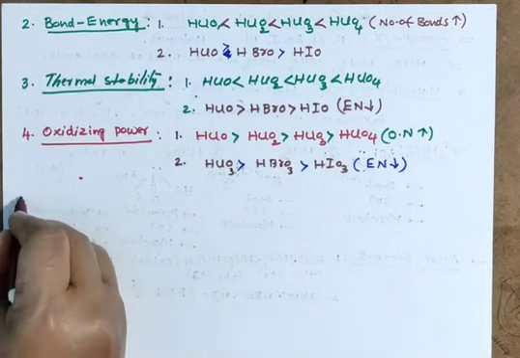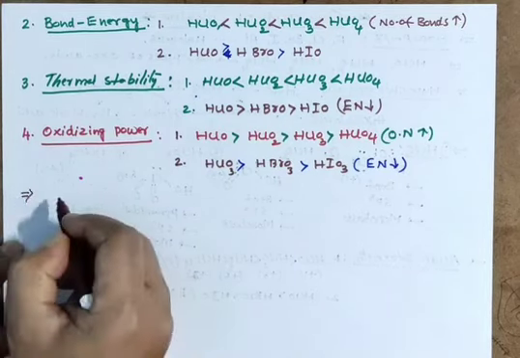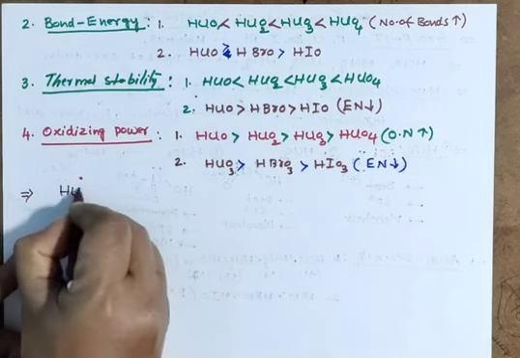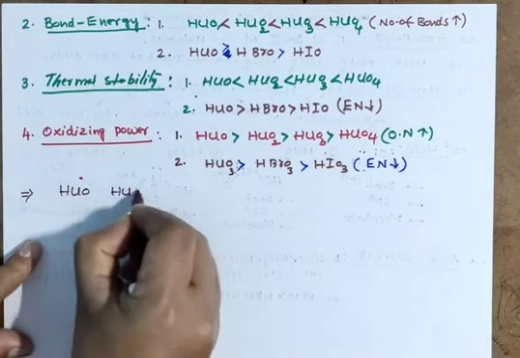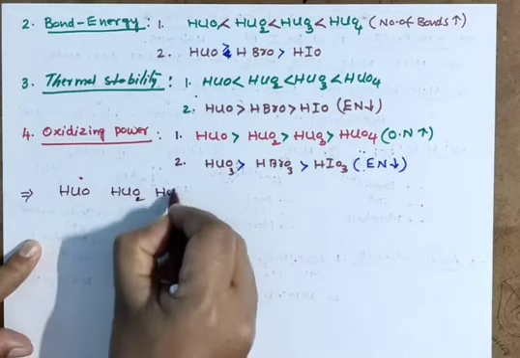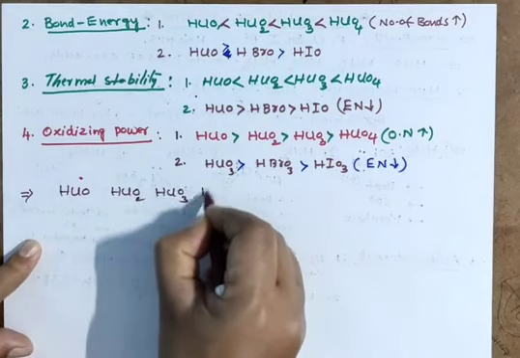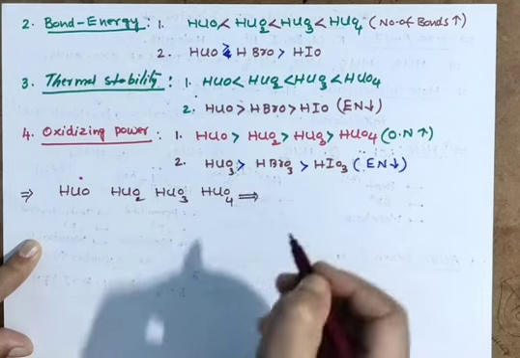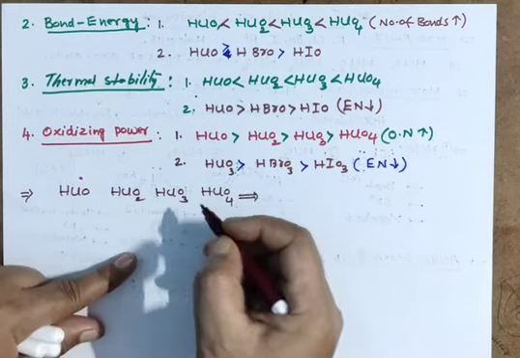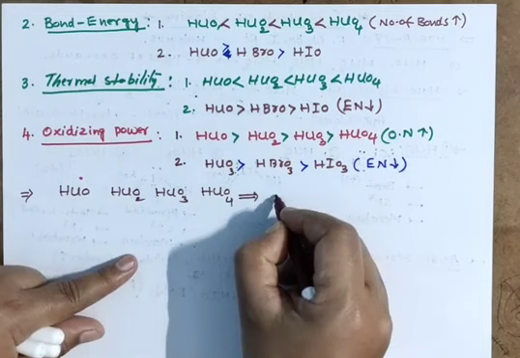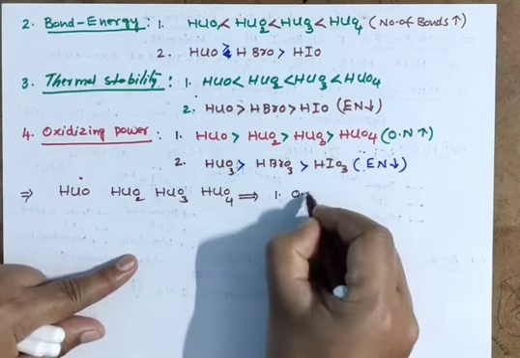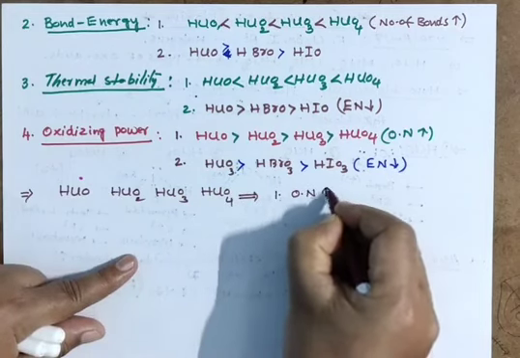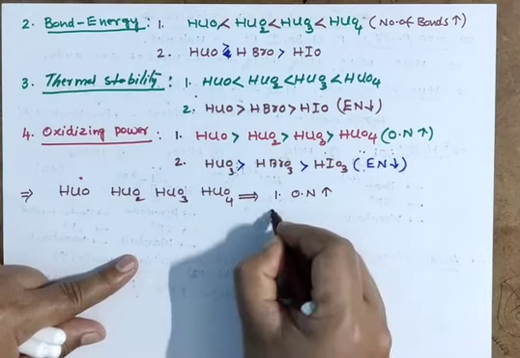And here I am going to give one more clarity. HClO, HClO2, HClO3, HClO4 given to you. Here oxidation number is going to increase.